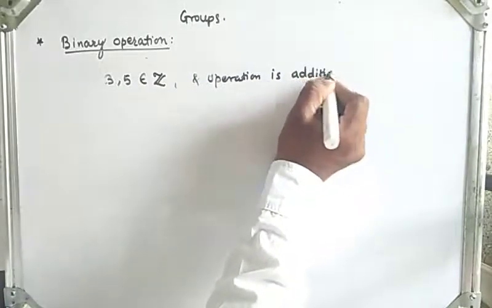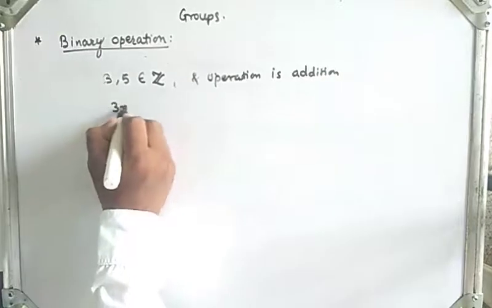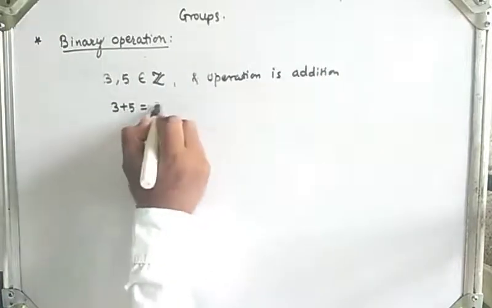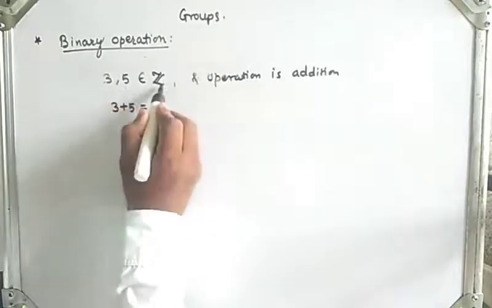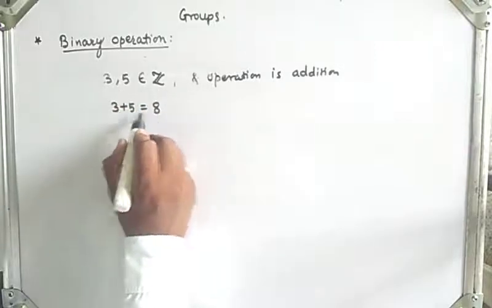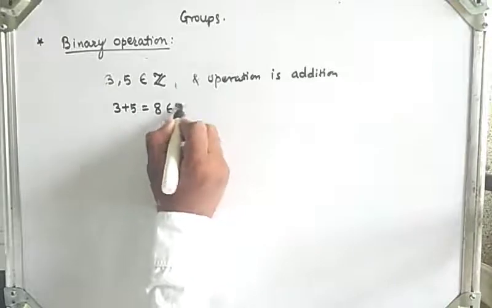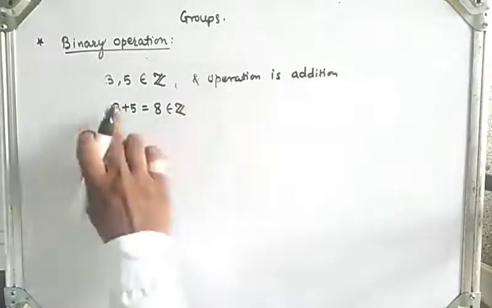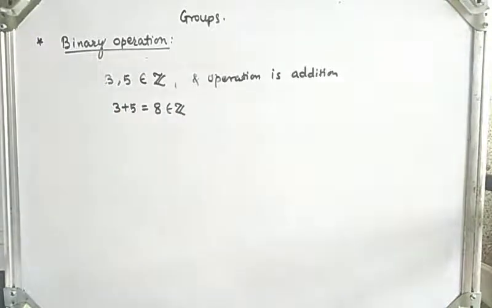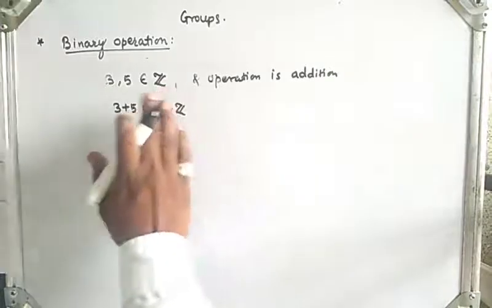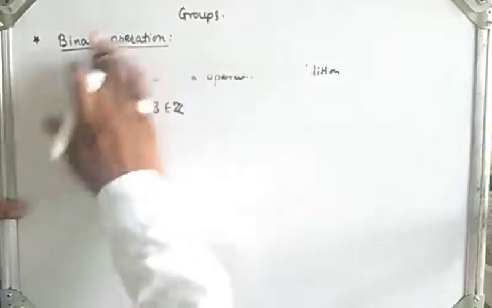Then what will we get? 3 plus 5 forms a new element 8. Here 3, 5 belong to the set of integers, and 3 plus 5, which is 8, also belongs to Z. Then we say that addition is a binary operation on integers. So let's see the definition.